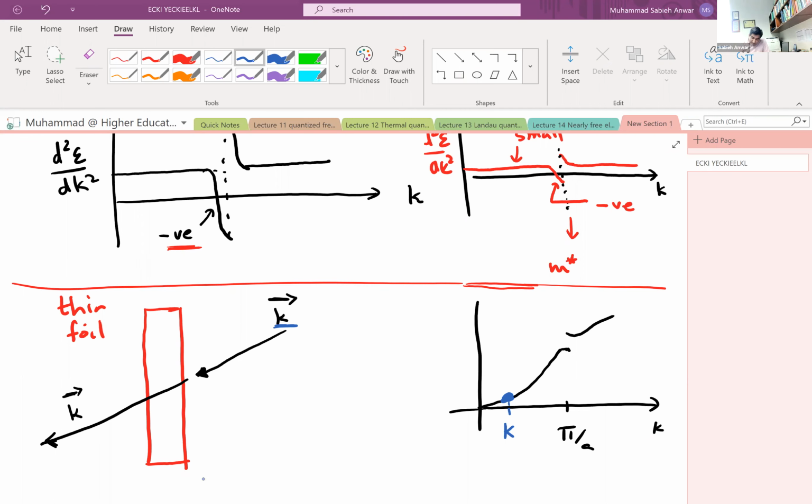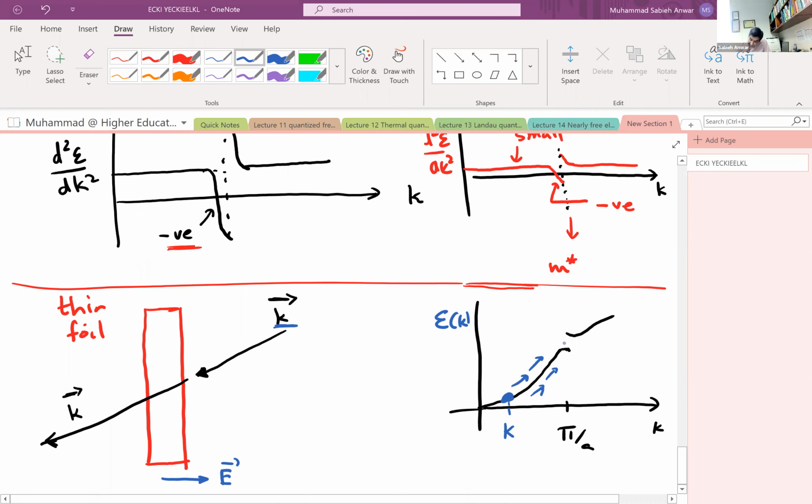So apply an electric field, capital E, in this direction, which is going to accelerate the electrons. Their momentum is going to go up. And when their momentum goes up, these electrons are going to move up this curve. So this is my dispersion relationship. These electrons are going to move up this curve.